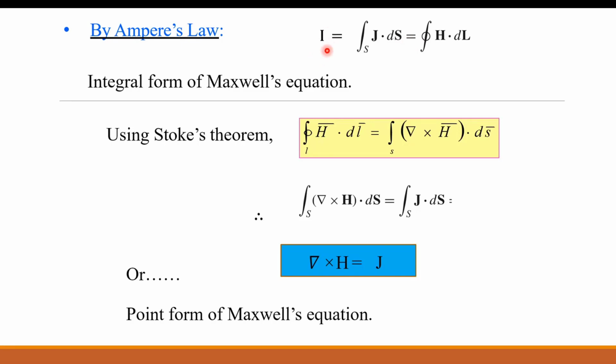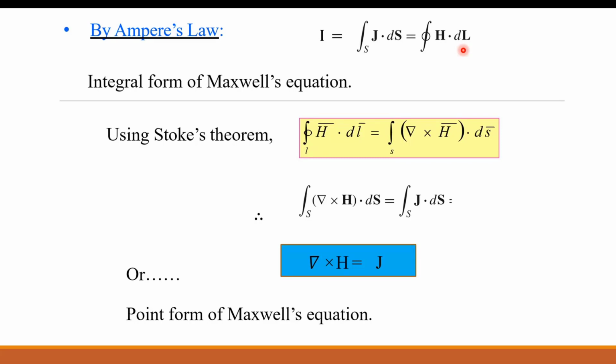We obtain the current I, or I enclosed, right? That we have seen in the Ampere's law in the third chapter. So in equation form, how is it written? I is equal to closed integration of H bar dot dl bar.